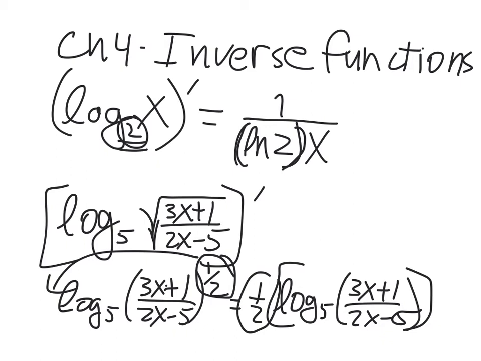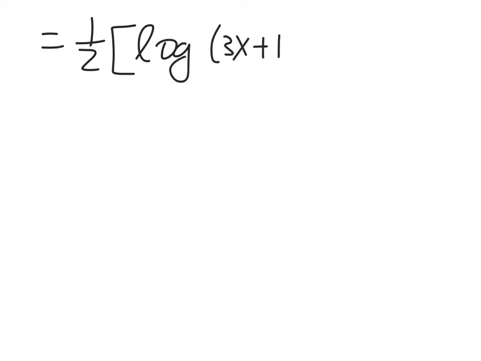So top of the next page, I'll try to remember what all I wrote. We'll have that 1/2 times the log of the numerator minus the log of the denominator.